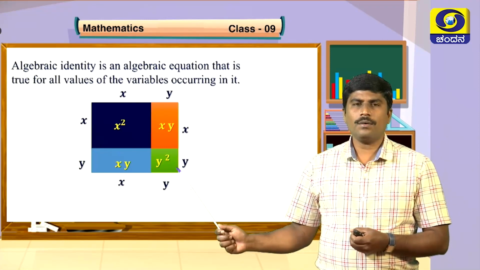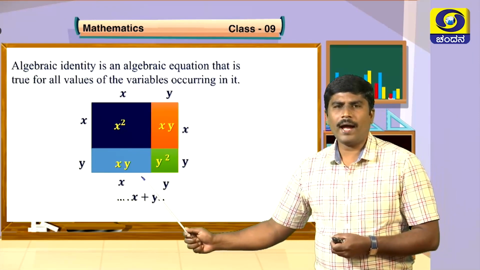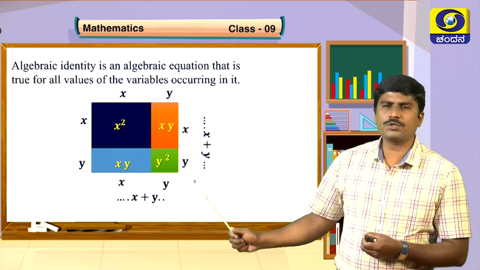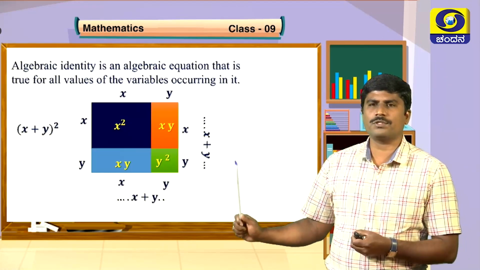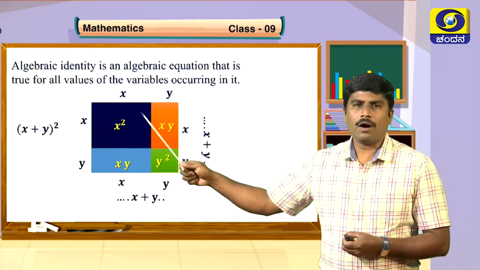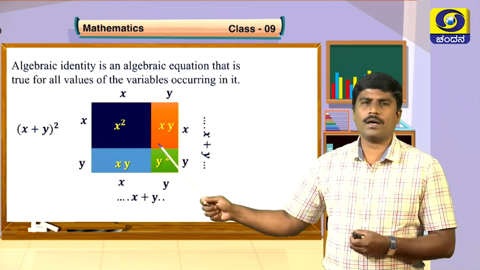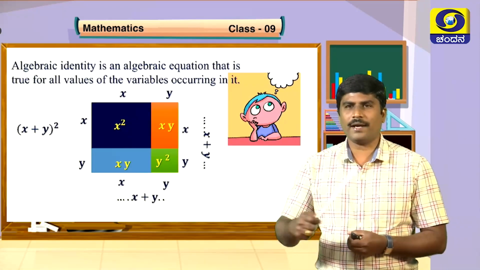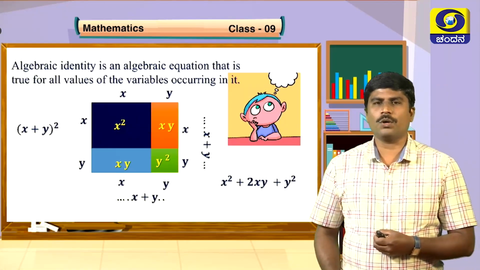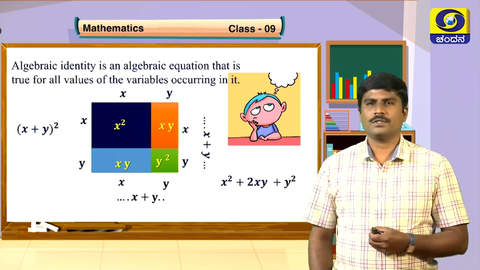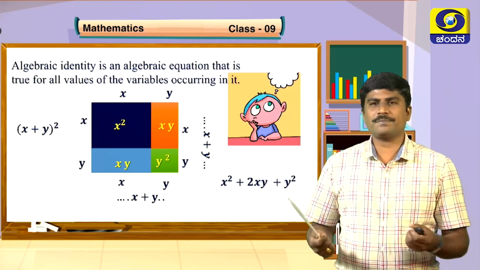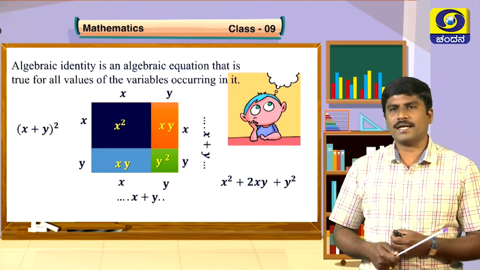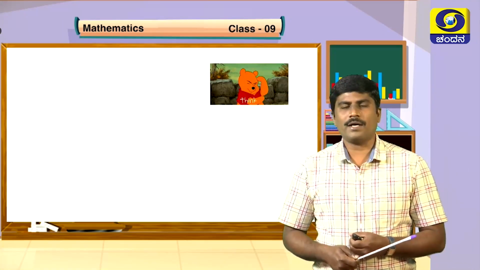Now if you add these two, x plus y, and multiply by x plus y, you will get x plus y whole square. Now we add all the possibilities: x square, y square, plus xy plus xy. So what are you going to get? Yes, you are right. x plus y whole square is equal to x square plus 2xy plus y square. It's nothing but (a plus b) whole square is equal to a square plus 2ab plus b square from your 8th standard.